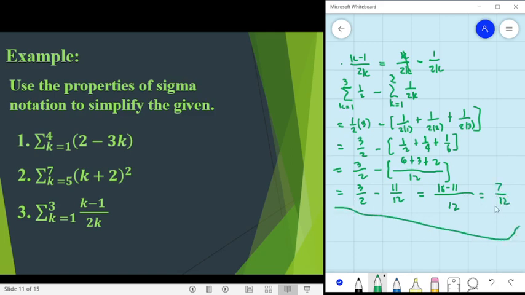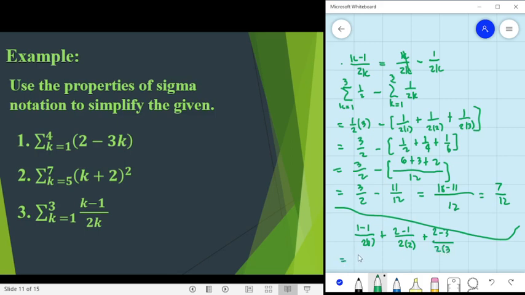Okay, if we don't use the property, we have 1 minus 1 over 2 times 1 plus 2 minus 1 over 2 times 2 plus 3 minus 1 over 2 times 3.